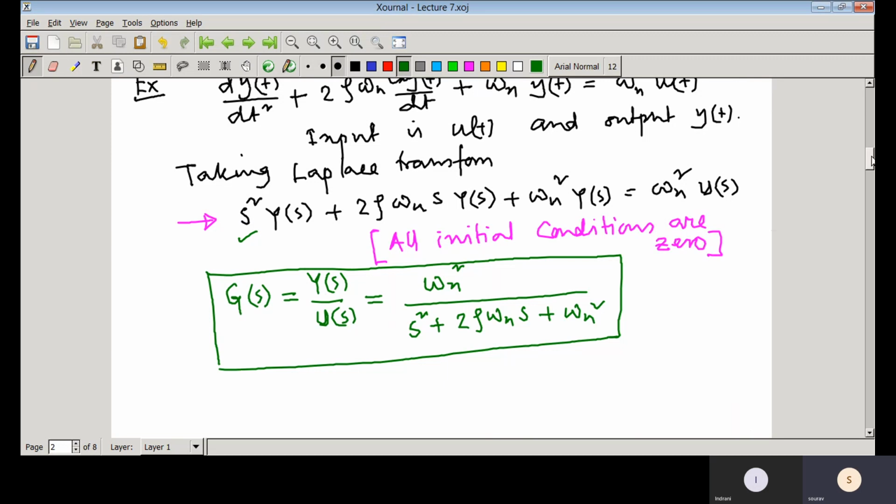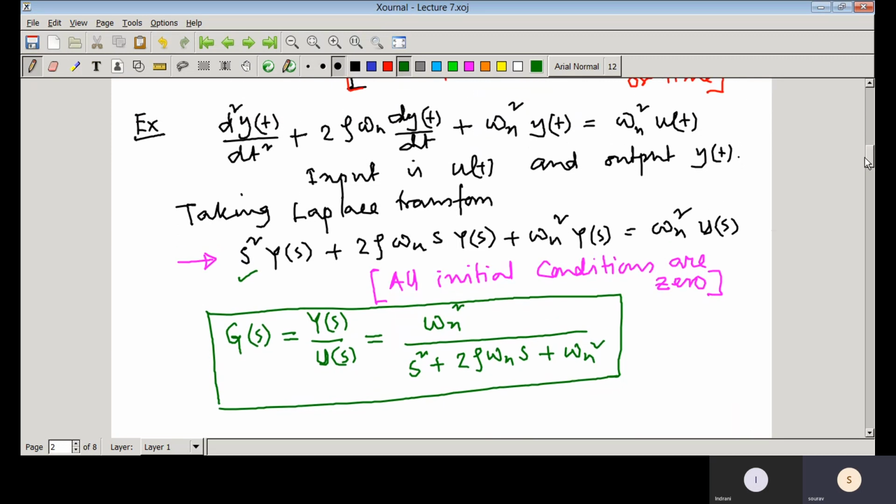I will be discussing just now what is order and polynomials of characteristic equations, etc. Whenever a dynamical system is given in ordinary differential equation form, we can find the transfer function of that system. So this is the model of this particular system in transfer function form.